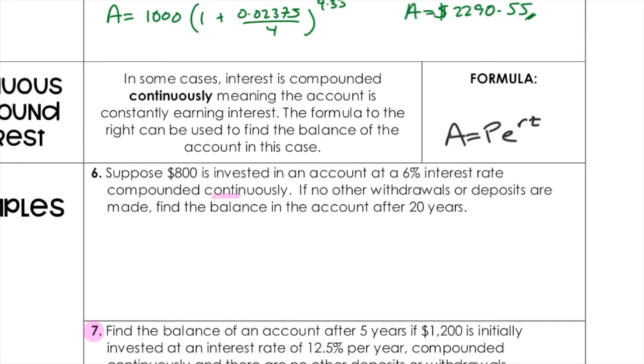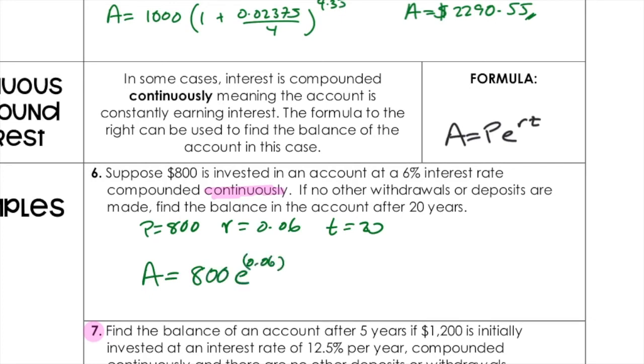So P equals 800, R equals 0.06, T equals 20. So I'm going to say A equals 800 times e to the 0.06 times 20. So A equals 2,600 dollars and 56 cents.